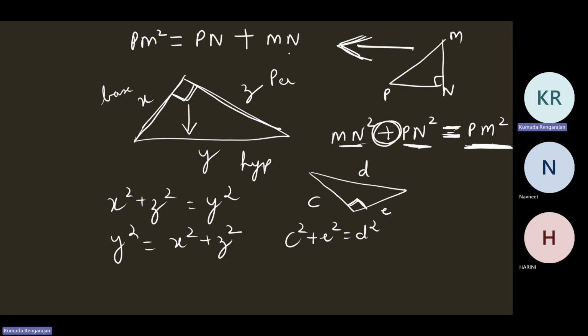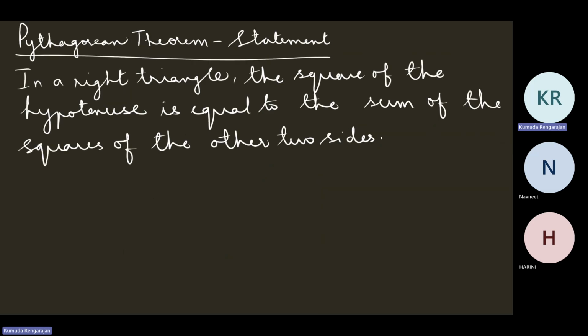The other two sides are PN and MN. So this is the result by Pythagoras theorem. This is the statement. In a right triangle, the square of the hypotenuse is equal to the sum of the squares of the other two sides. So in general, it's called base square plus perpendicular square is equal to hypotenuse square.